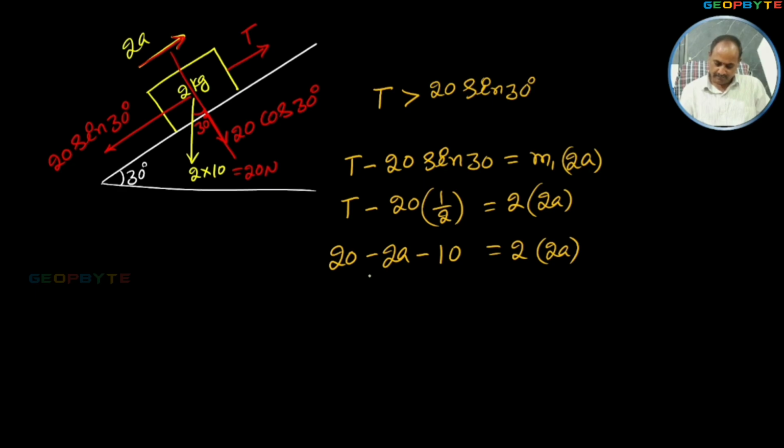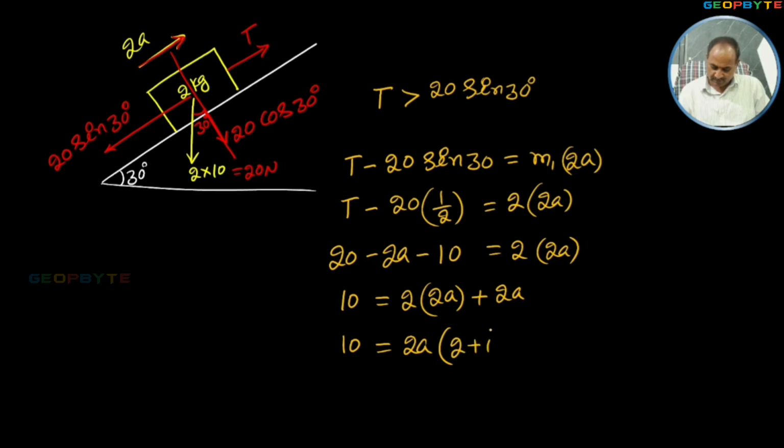So here it is 20 minus 10, 10, is equal to 2 into 2a plus 2a. 10 is equal to, let me write the 2a outside, 2 plus 1. So the acceleration of the block 2 is equal to 10 by 3.